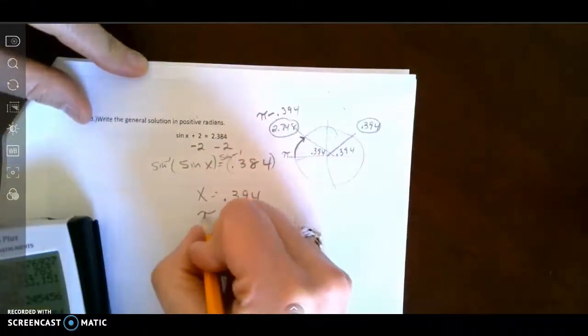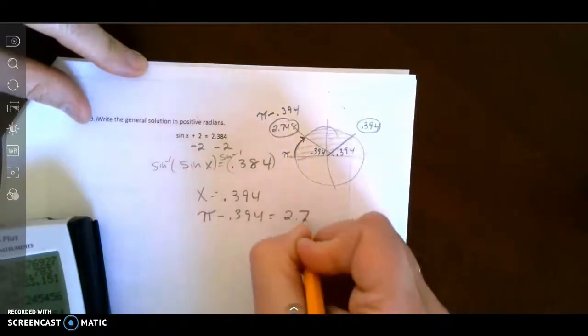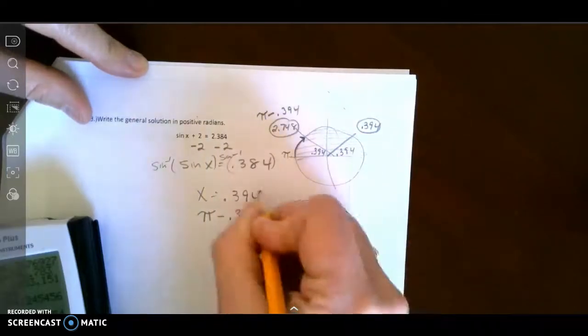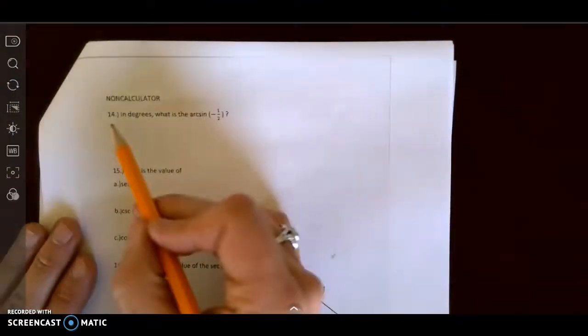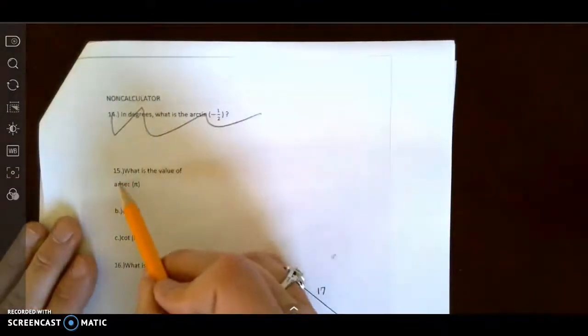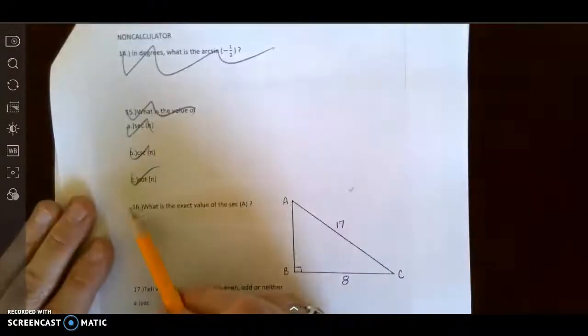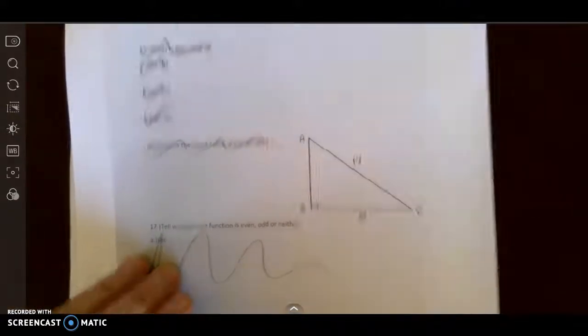I'll write that here, pi minus 0.394 is 2.748. Those are my two answers. So we get to skip 14, we get to skip 15, 16, and 17. This whole page gets skipped.